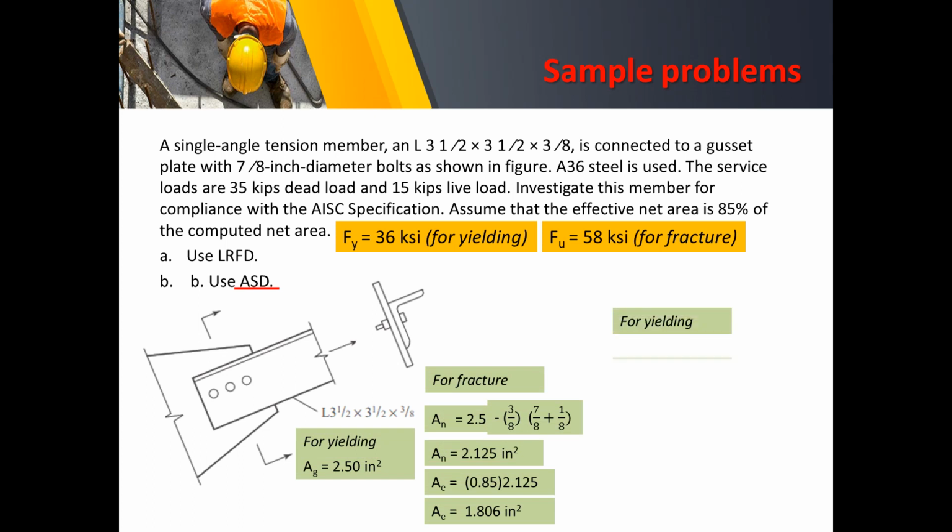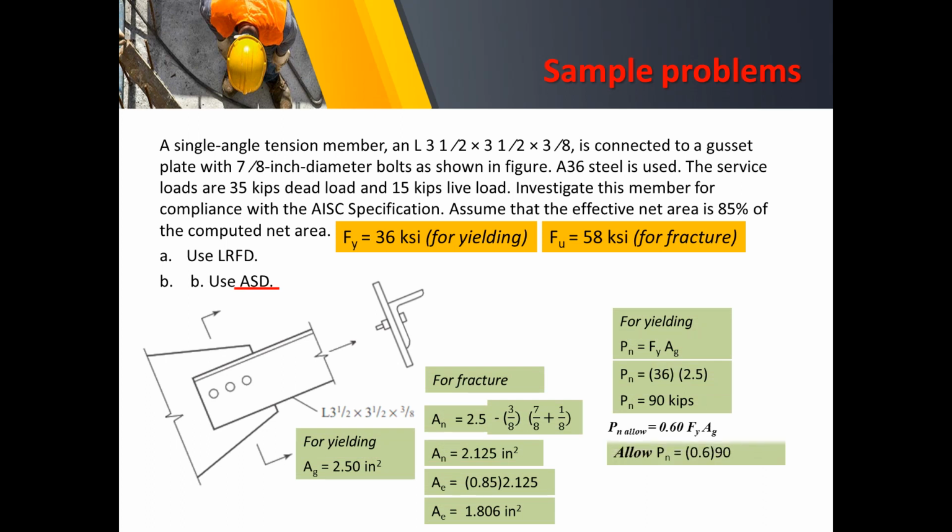Now, for yielding, we do the same process. We compute the nominal load Pn, which is 90 kips. All we have to do is multiply it by 0.6. So the allowable load will be equal to 60% of FyAg, or the nominal loading. That is 53.9 kips for yielding.